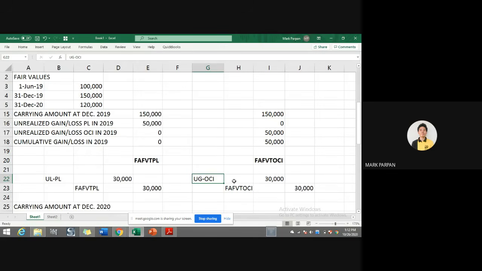But in case, for example, the decrease is not 30,000.